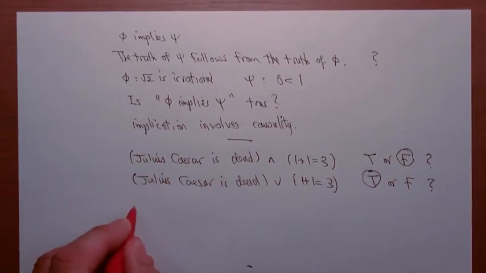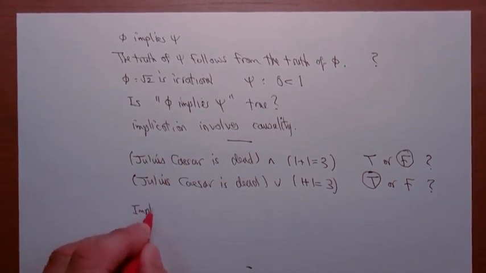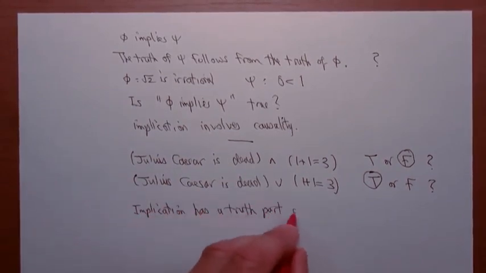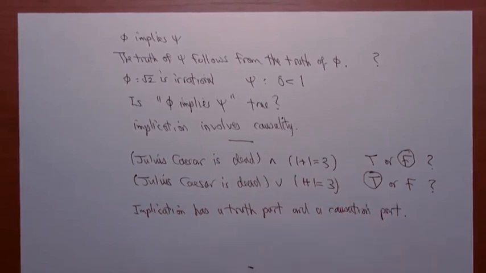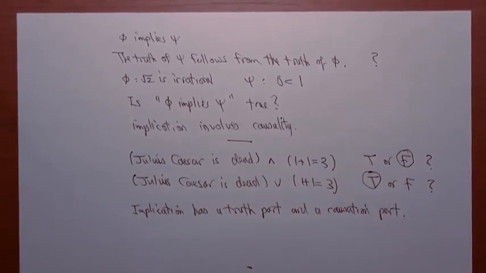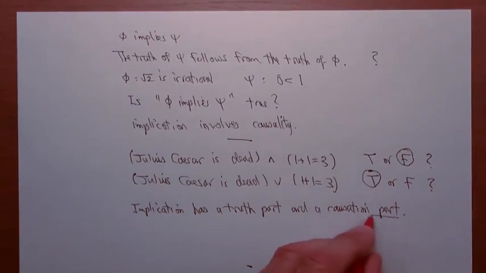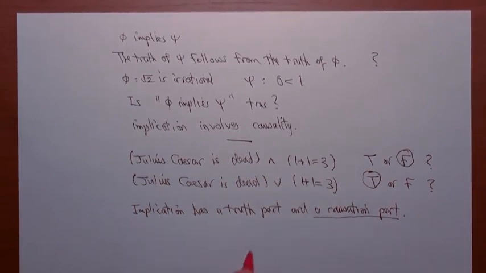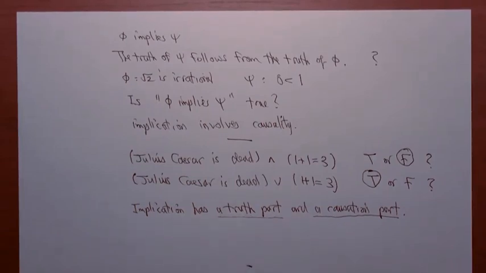So let me just express that explicitly. Implication has a truth part and a causation part. What we're going to do is ignore that part. We're going to leave that to the philosophers, if you like, and we're just going to focus on the truth part. Now that might sound to be a very rash thing to do.